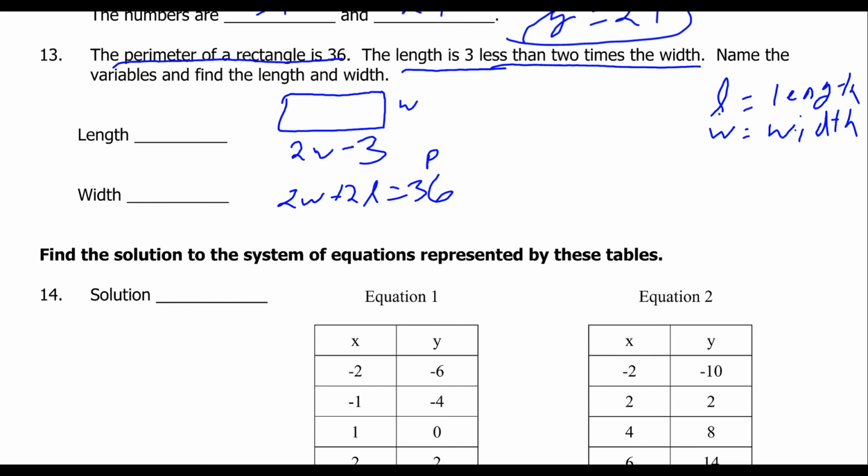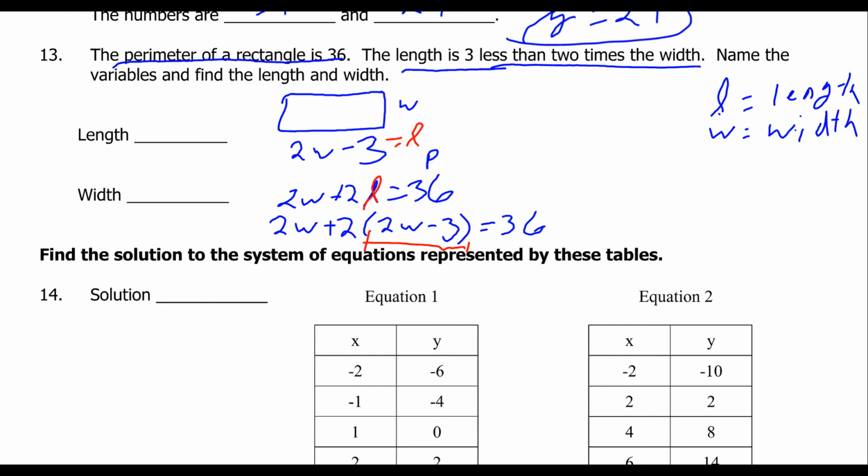Alright, so we've got 2W plus 2 times (2W minus 3) equals 36. Now, this right here is our substitution, okay? We know that this is the length. I just replaced this L with that L. It's no big deal. It's all good. We know that L is 2W minus 3.